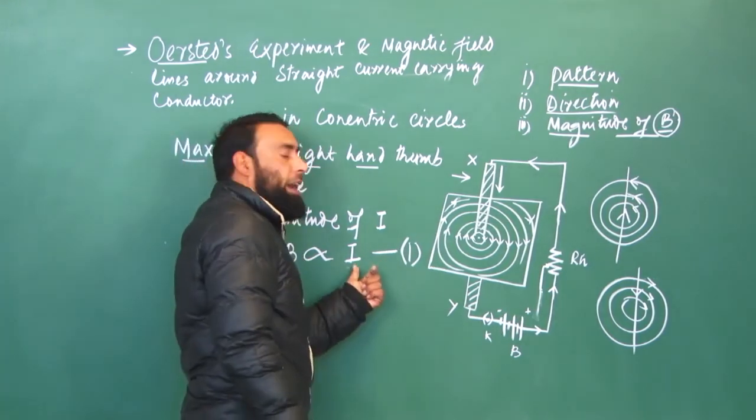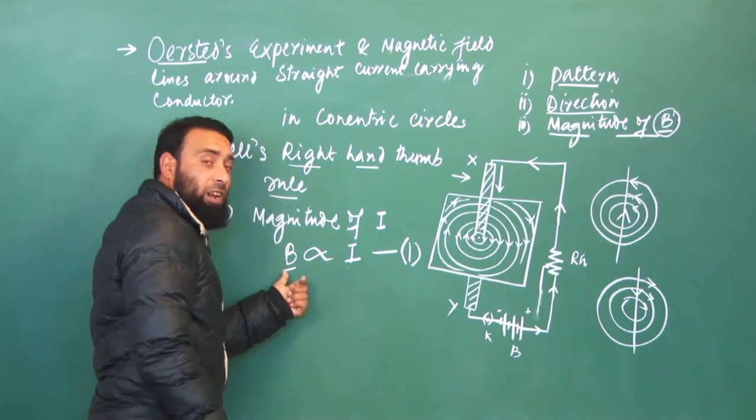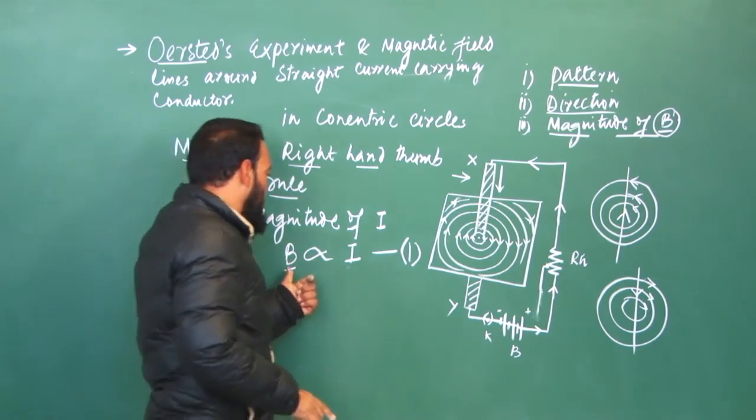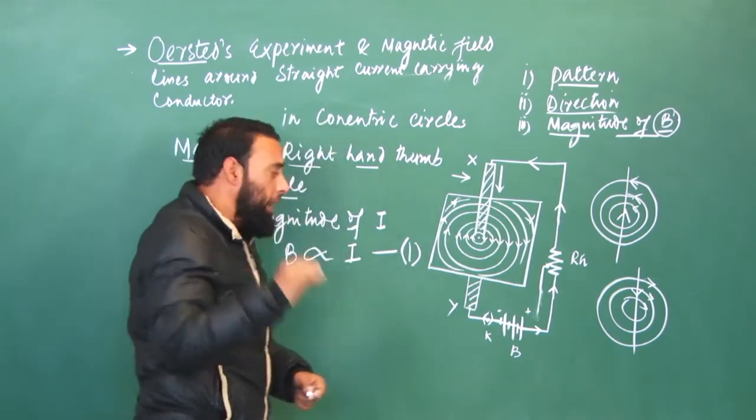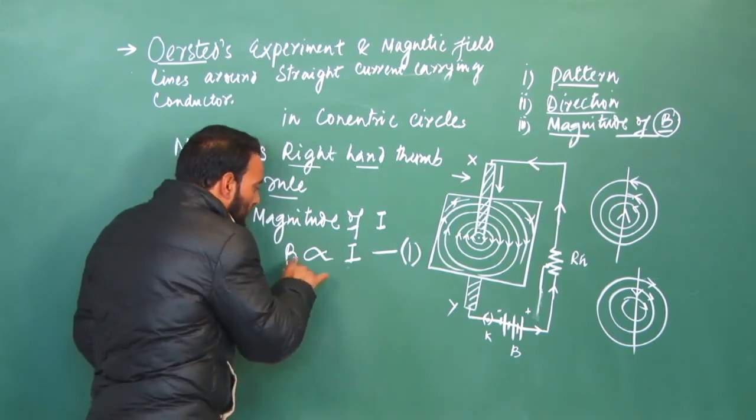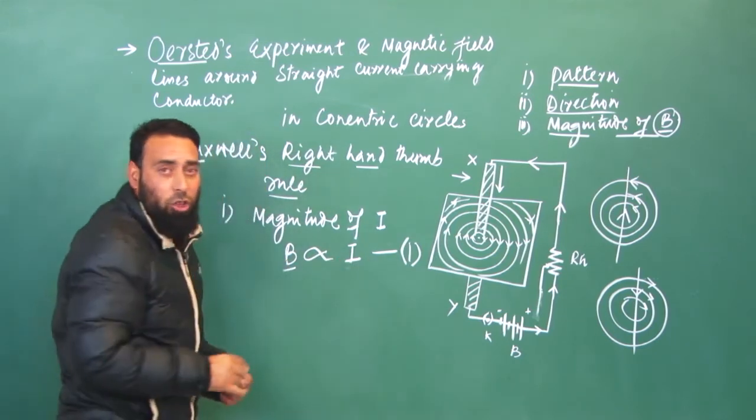If we decrease the current, the magnetic field strength also decreases. So they are directly proportional to each other, B is directly proportional to I. Let us consider this as an equation first.